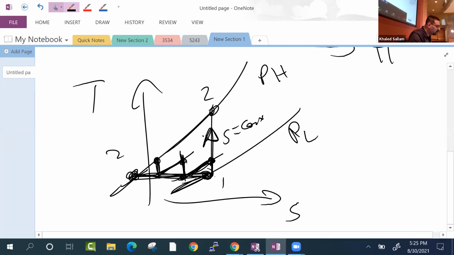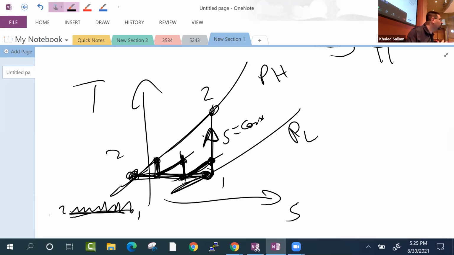So eventually, if you do enough stages, how will it look on a TS diagram? That line going from 1 to 2 will be something like this. But that requires a lot of intercooling. It requires a lot of heat exchanger area. So that's why it's expensive. You need to buy all those heat exchangers in the middle.